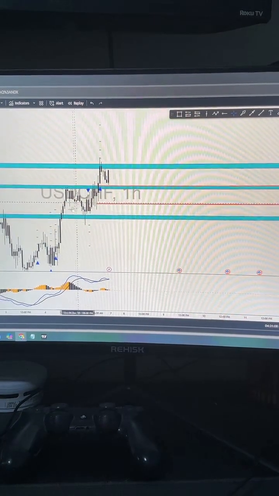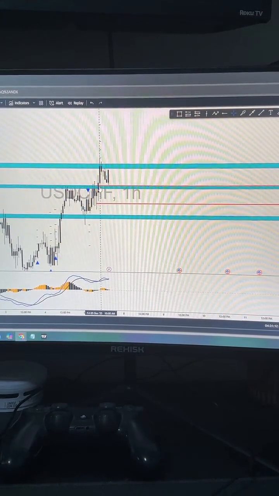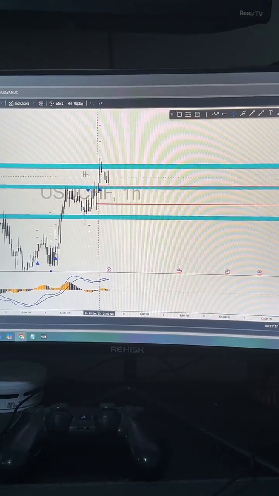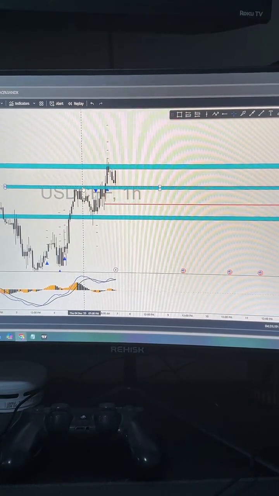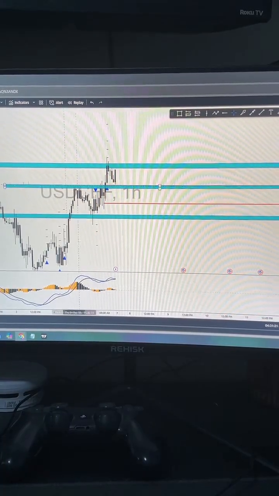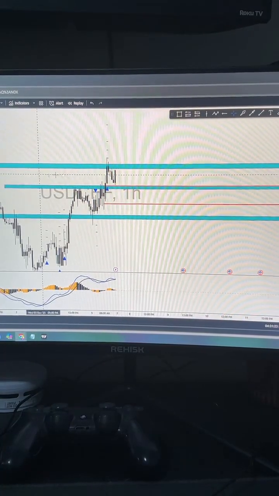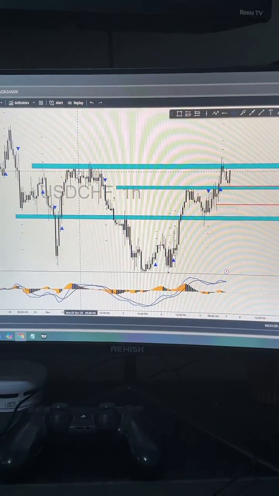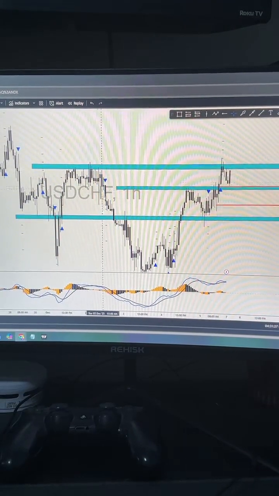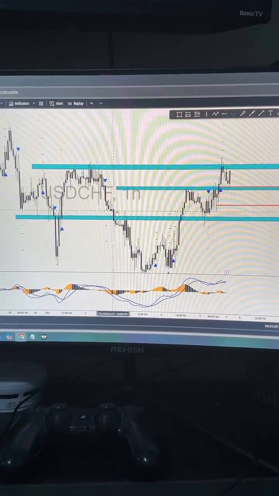I liked it because price has shown that it was in an uptrend. We had a candle break structure, and then we had a good buy signal. Now, one thing that I didn't pay attention to afterwards was right here. Price had tried to break through here before, and it rejected hard.